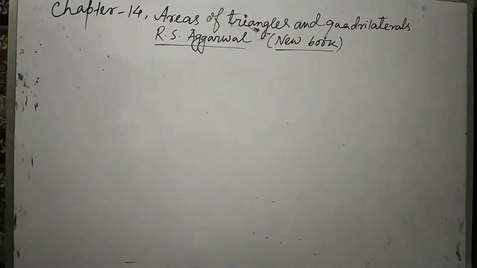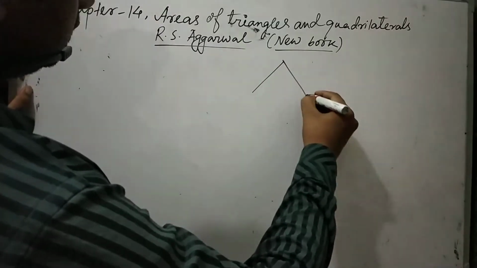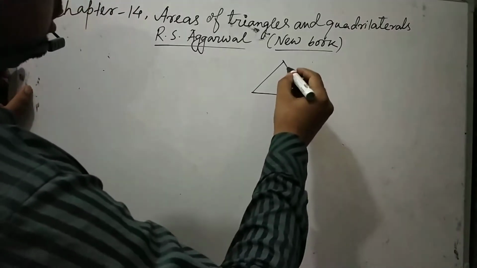We all know that the area of a triangle is half base into height.